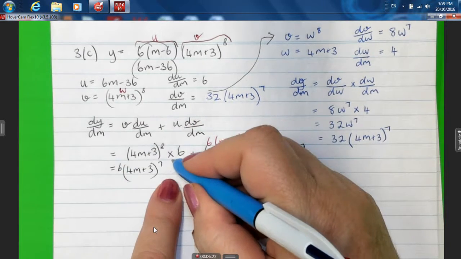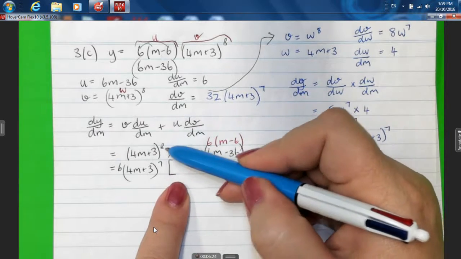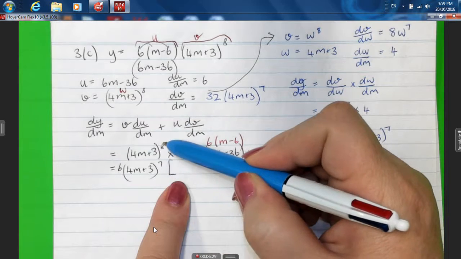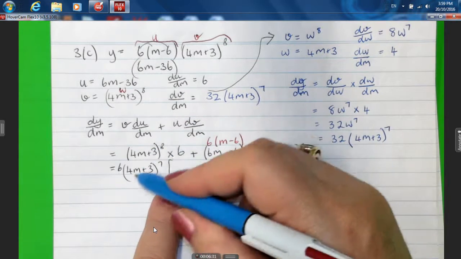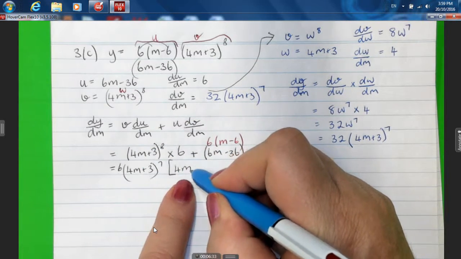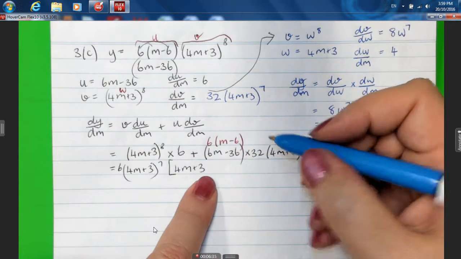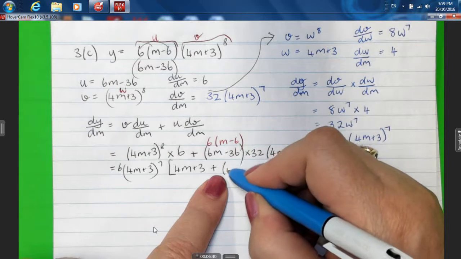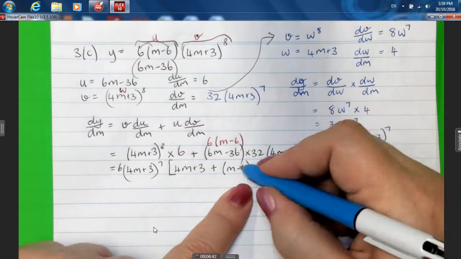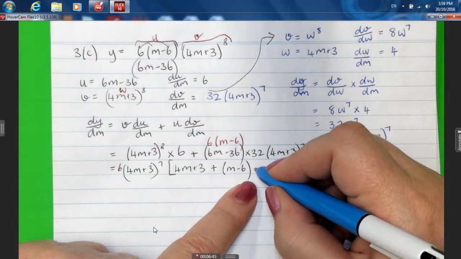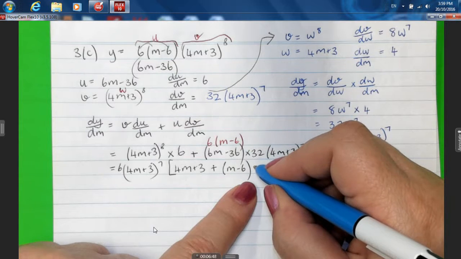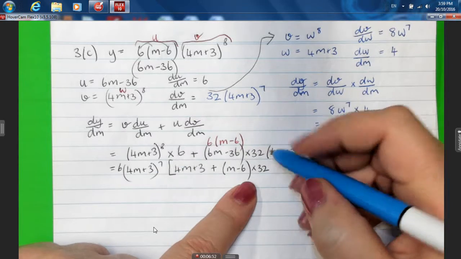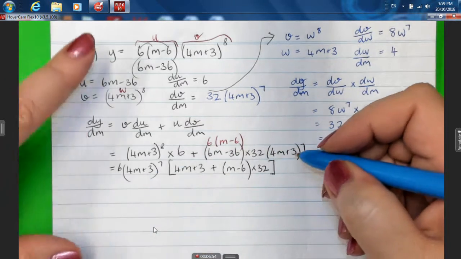And let's see what's left. So, in this first term, the 6 has already gone out to the front, and 7 of the 8 4m plus 3s have gone out the front. So we're still left with one lonely 4m plus 3. Plus, the 6 has gone out the front, we've still got m minus 6, and we've got a 32 times 32, and this 4m plus 3 to the 7, it's already out there, so I've already accounted for that.